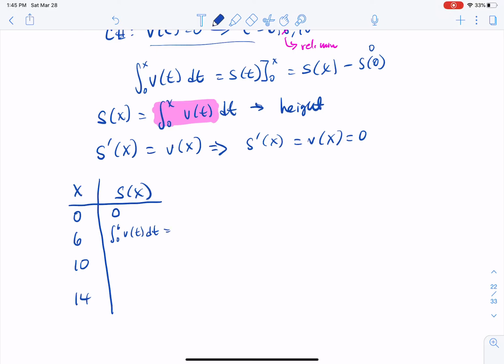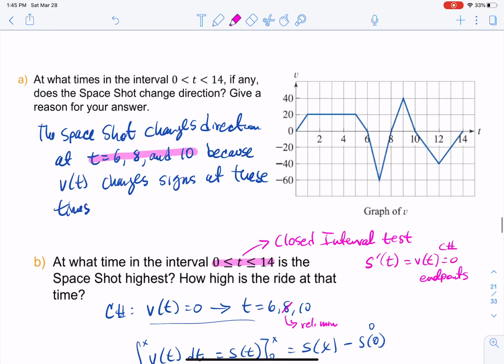Maybe I color this part in pink here. It's just a trapezoid. If you have forgotten, the area of any given trapezoid is 1/2 base 1 plus base 2 times the height. Our two bases are the top and the bottom, because they're parallel. I can see that the bottom here is 6 and the top is 4.